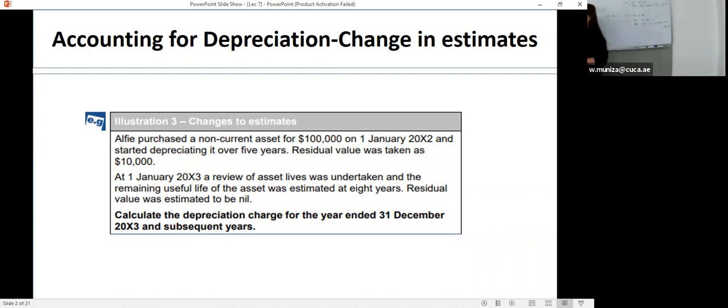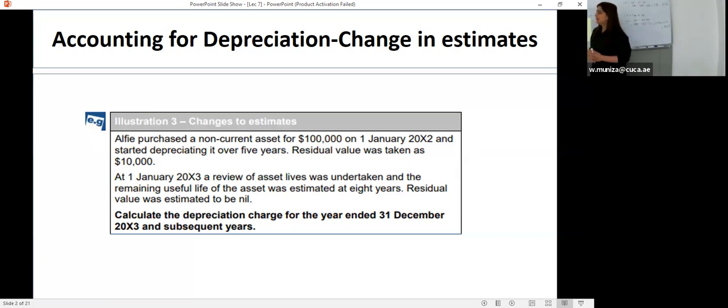And the requirement of the question is to calculate the depreciation charge for the year ended 31st December 2003 and subsequent years. First, tell me, are we going to take the straight line method of depreciation or the reducing balance method? They have not mentioned which one. Reducing balance. Why?